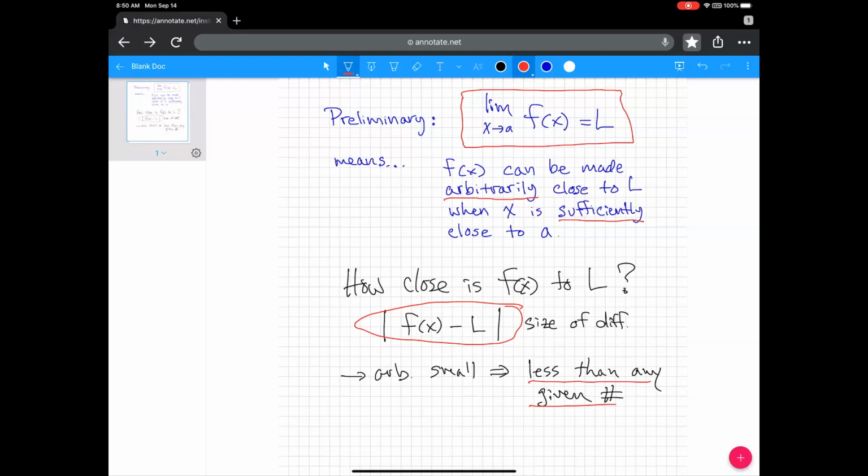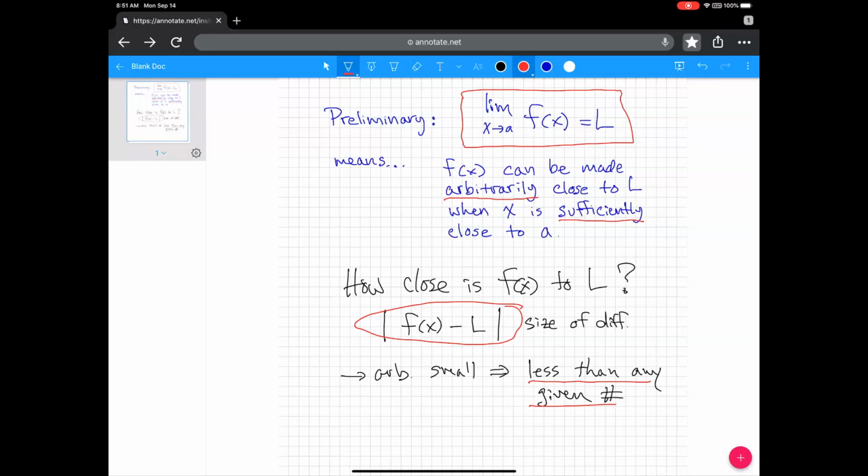I can make f of x so arbitrarily close to L that no matter how small a number you give me, 1/10th, 100th, 1,000th, I can make it so that the absolute value of f of x minus L is less than that teeny little number you gave me. So the any given number part becomes crucial.